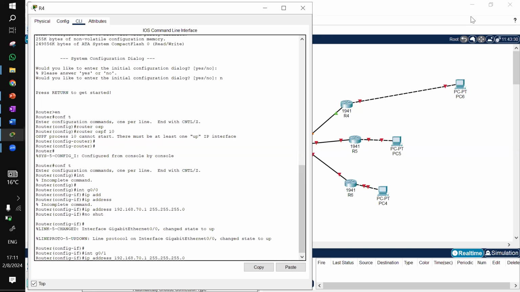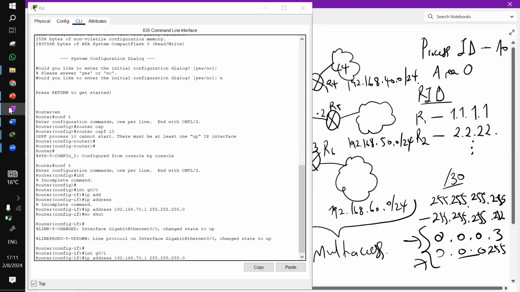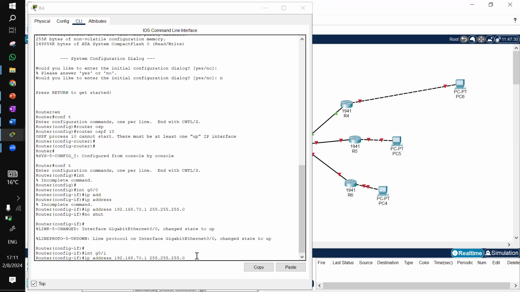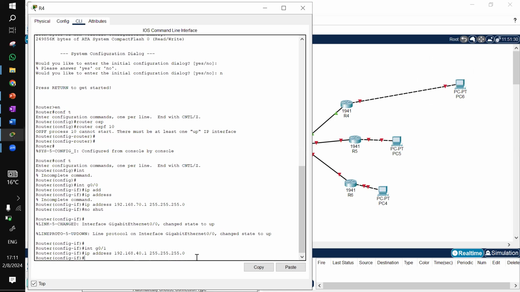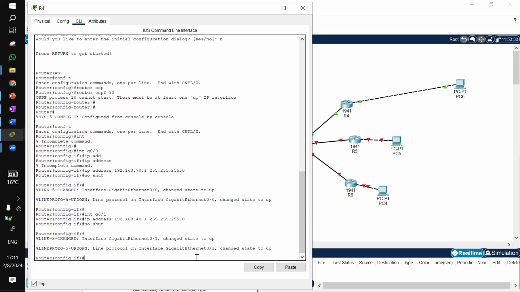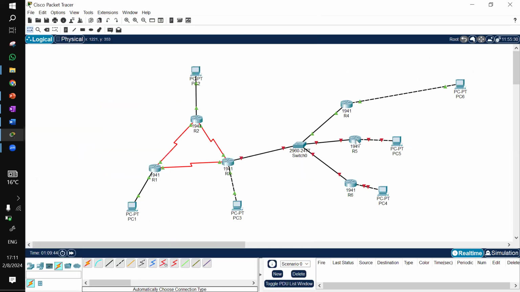It's not 70. What is the address? It's 40. Let's say 40.1. So we have 70.1, we have 40.1. That becomes the network. No shut. Router number 1 is done, all protocols are up.